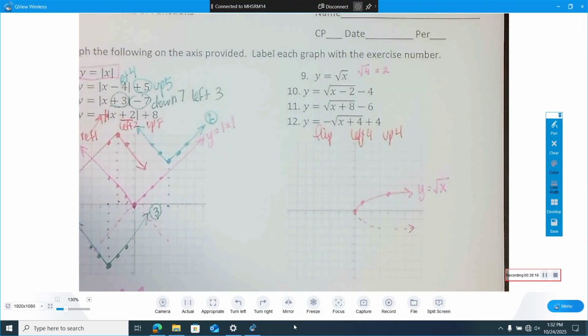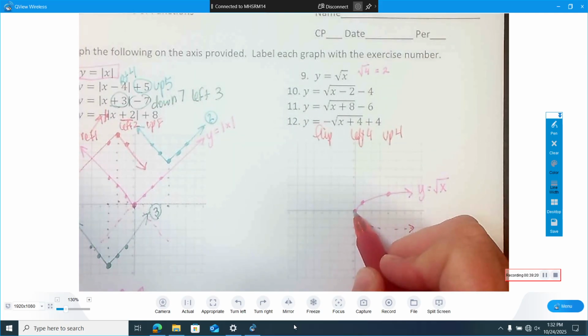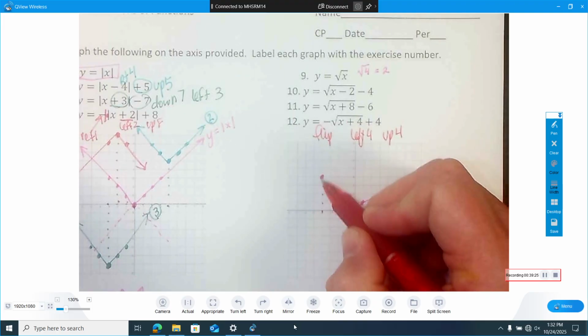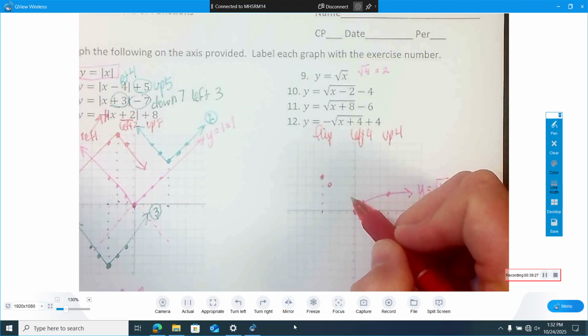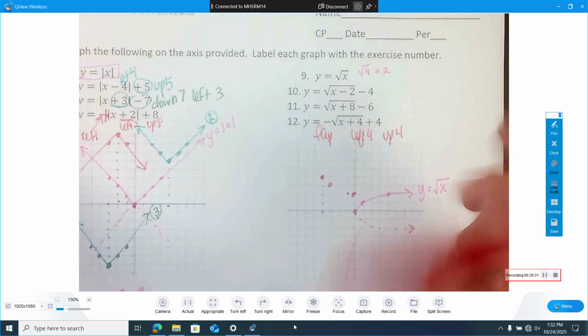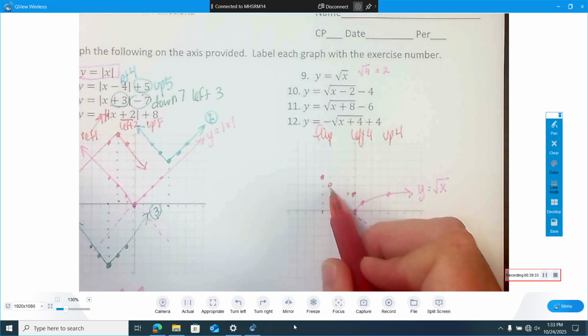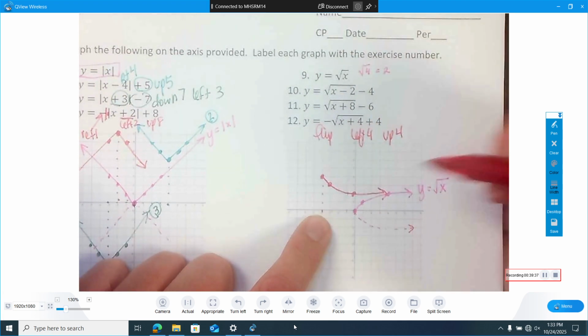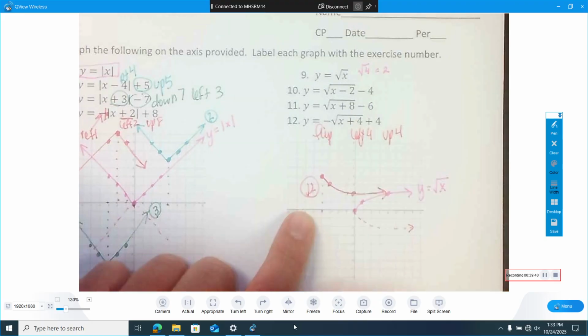Then we got to move it left 1, 2, 3, 4, up 1, 2, 3, 4, down another 1, down another 2, 3, that's 3. Every time, I just can't count. 1, 2, 3, 4. Yeah, there we go. All right. And so it goes like that. There is number 12. Okay.